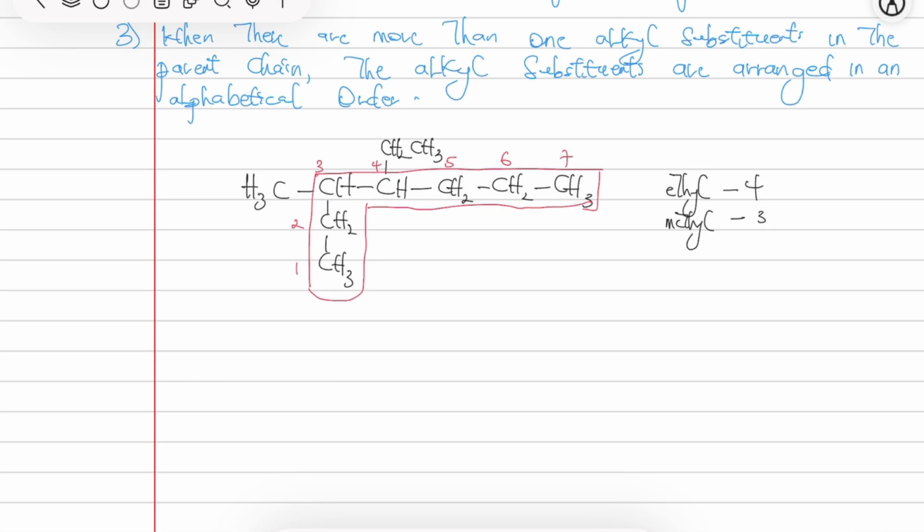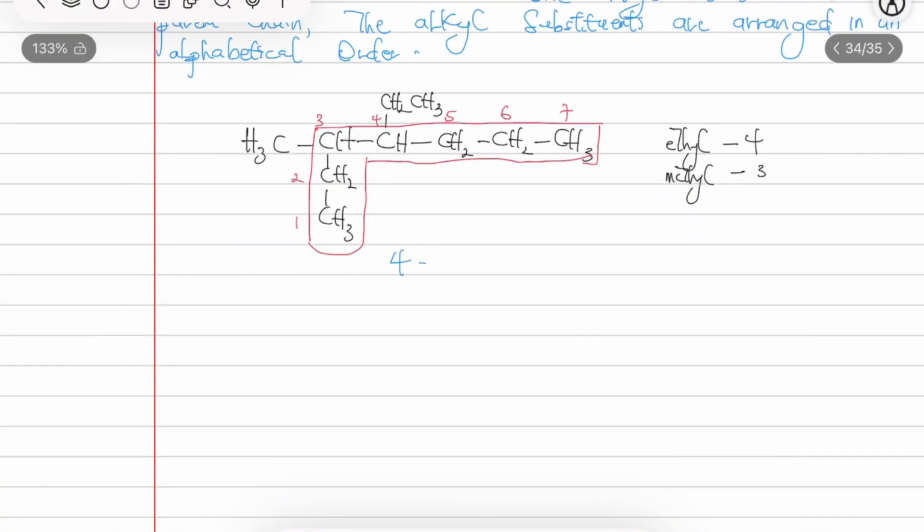If you check between E and M, you will notice that alphabet E comes before alphabet M. Therefore, the correct name of this compound is 4-ethyl because E comes before M. 3-methyl because we have methyl group at position 3 in the parent chain. Then heptane, and heptane is the parent compound.